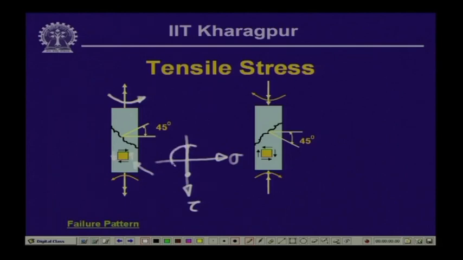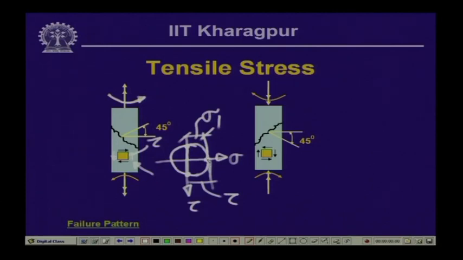Now, if we plot the Mohr circle corresponding to this, then this is the value of the maximum normal stress, which we call sigma 1, and this sigma 1 is of magnitude equivalent to tau. So, sigma 1 is also equal to tau. The maximum normal stress also is tau.